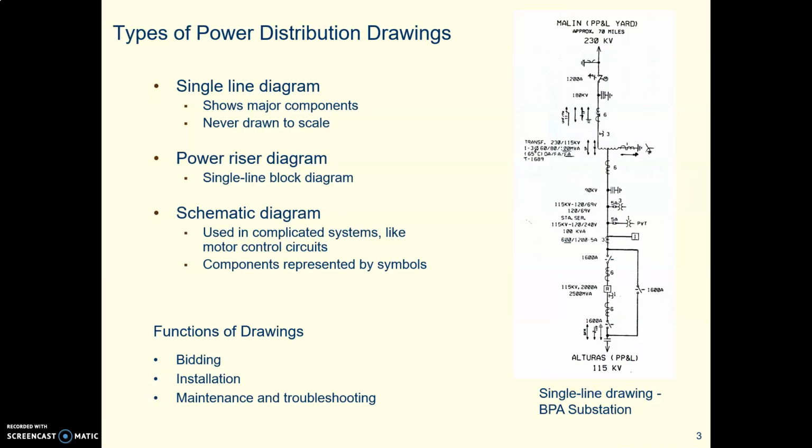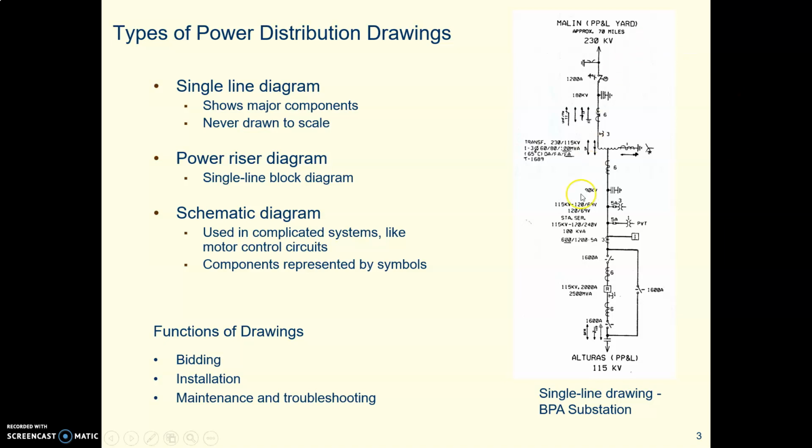There are several different types of power distribution drawings. I think you could say going from bigger to smaller. We'll look at a few single line diagrams where the drafter just shows the big components that go into an installation, especially a power station or a substation.